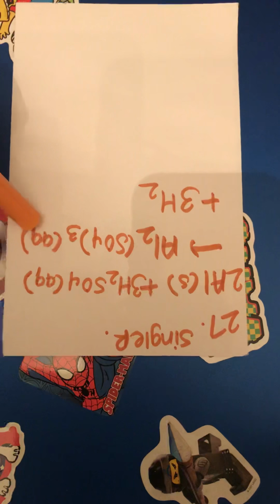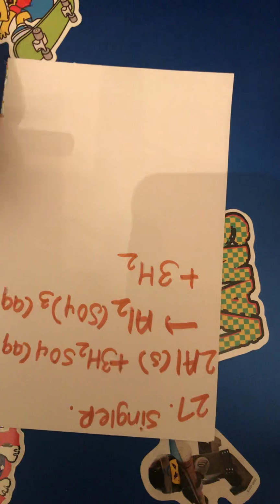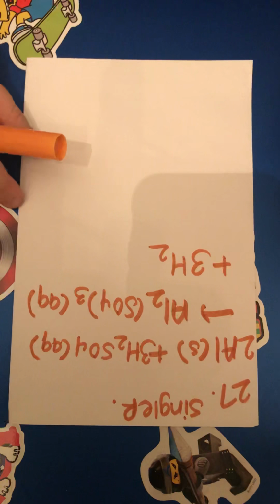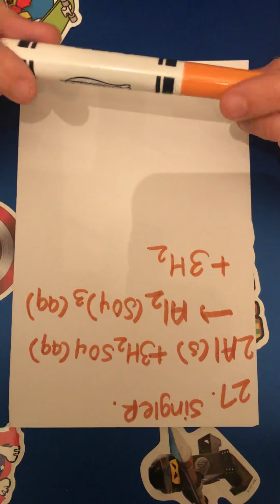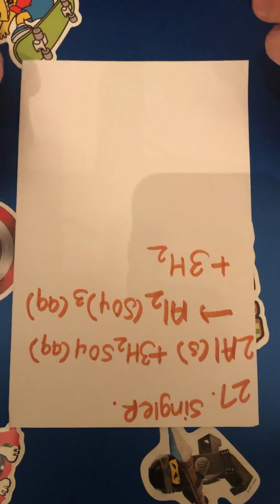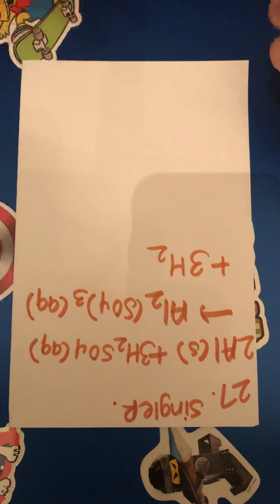The reason why aluminum sulfate is aqueous is because most sulfates are soluble in water, so they don't form a precipitate. But I just wanted to note that there are exceptions for whether or not sulfates dissociate or dissolve in water. So some of the exceptions are barium sulfate, lead sulfate, silver sulfate, and then strontium sulfate.